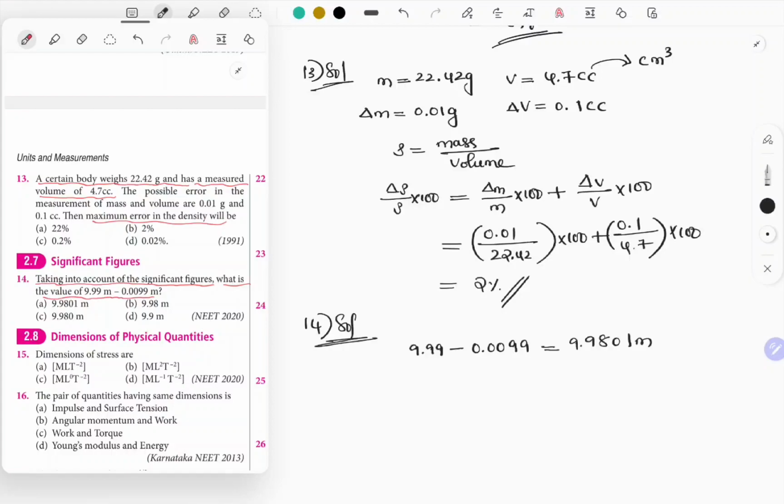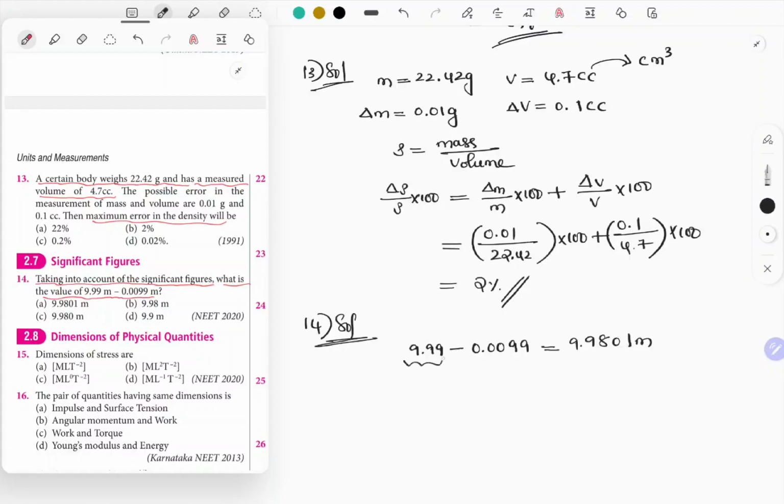In addition and subtraction, we have to observe before answering the question. The final answer should be in the form of the least number of significant figures. Observe which has the least number of significant figures after the decimal point. Not after the decimal point, try to understand. So the final answer you are going to get is 9.9801.